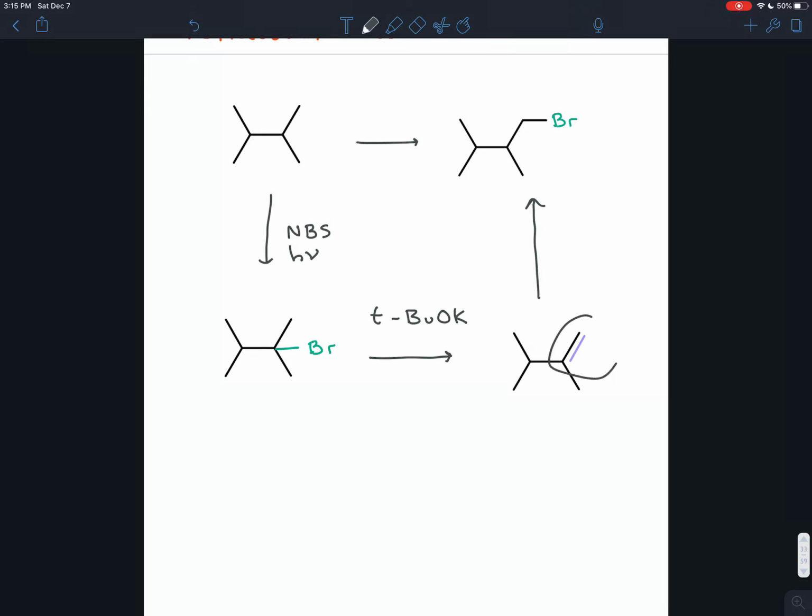And what you'll notice is you start with a pi bond and a molecule that does not have a bromine on it, and in the end, the pi bond goes away, and you use that extra molecular glue to add a bromine, and what may be a little harder to see is a hydrogen on. After all, this carbon here does not have any hydrogens on it, but this one has one. So we've added both a hydrogen and a bromine onto that molecule.